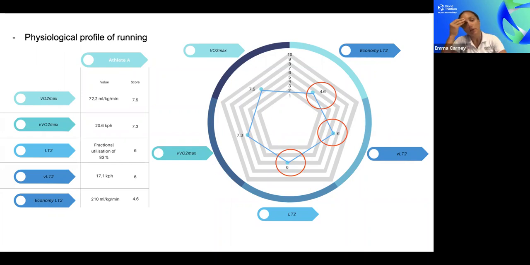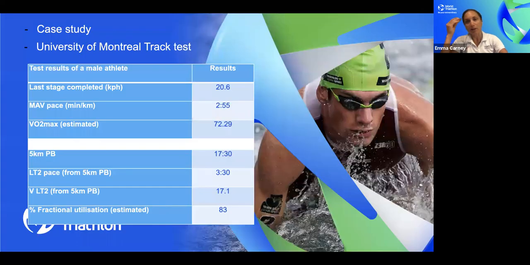If people are getting confused, if you go back to the last slide, if they can run a 2:55 in the test and then in a race run at 3:30 pace, they're obviously missing that threshold endurance. Exactly. That's the simple stuff you can look at.